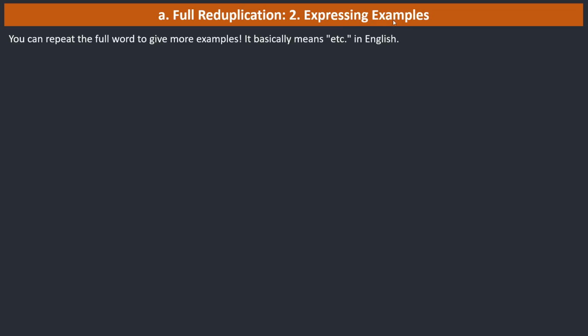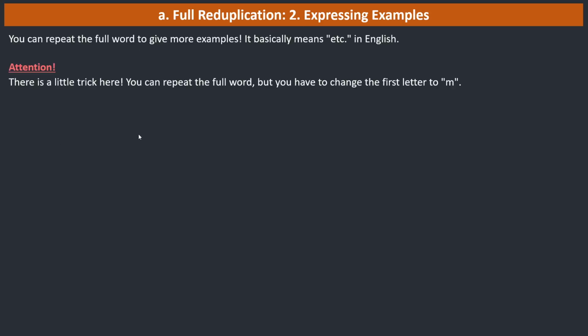I meant expressing examples. Like you are talking about an object, then you go like, yeah, etc. So you say like there are more things like that one. But the trick here is in the second noun, in the second word, changing the first letter to M.